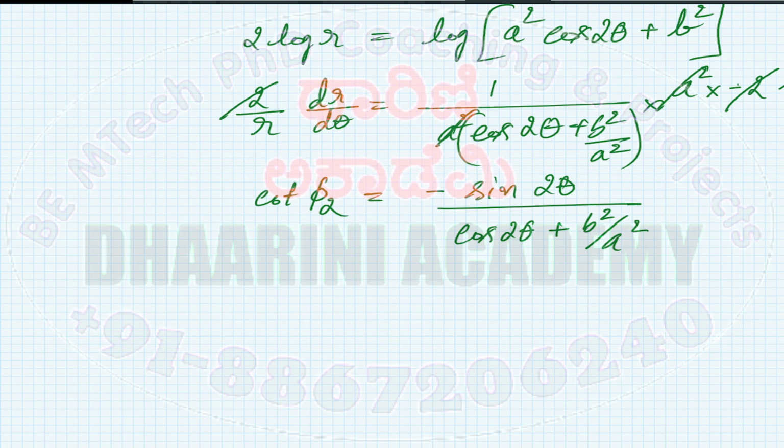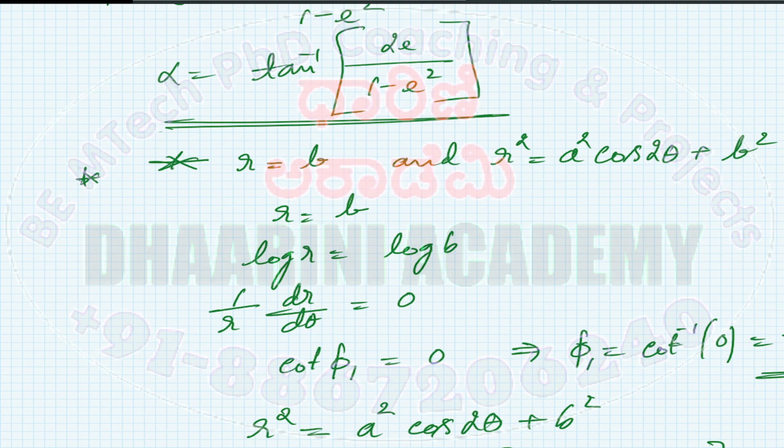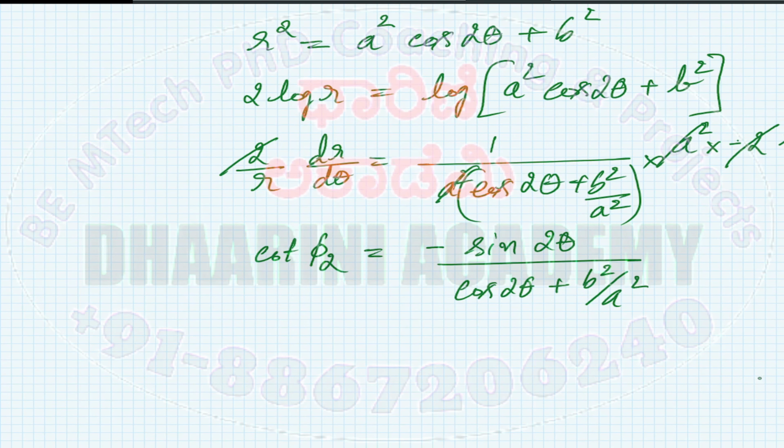So you see here, this is a different type of problem where I got phi 1 directly. Phi 1 I have the answer, but for phi 2 I don't have an answer, I have only cot phi 2. Okay, now anyway our procedure still remains the same.